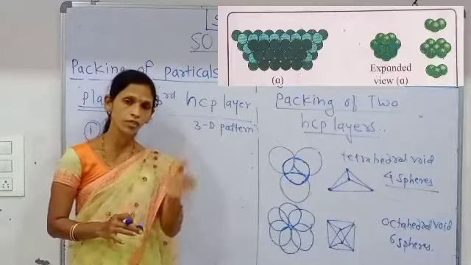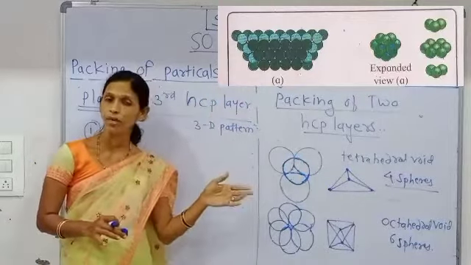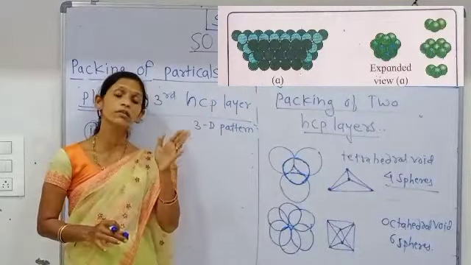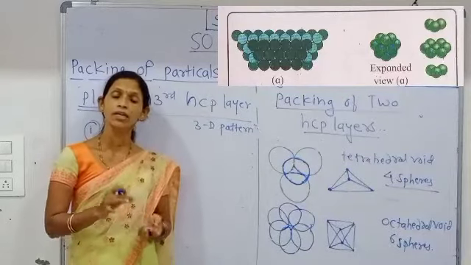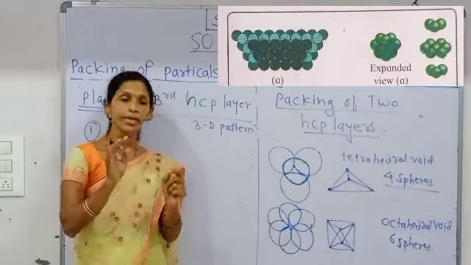That means here the first layer is of A type, while the second layer is of B type. But here the spheres in the third HCP layer exactly align with the spheres of the first layer. Therefore, the third layer is of A type.